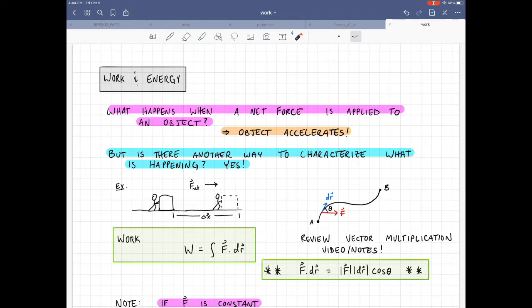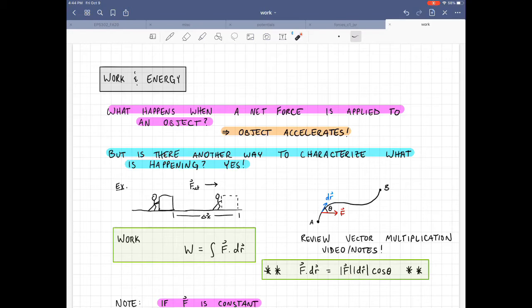So I've applied this force, and the block has traveled some distance. The position has changed. And the question is, well, what happens to the block? Well, we know from force analysis, the block must be accelerating as it's moving from left to right. So it'll be moving faster over here than what it was moving over on the left.